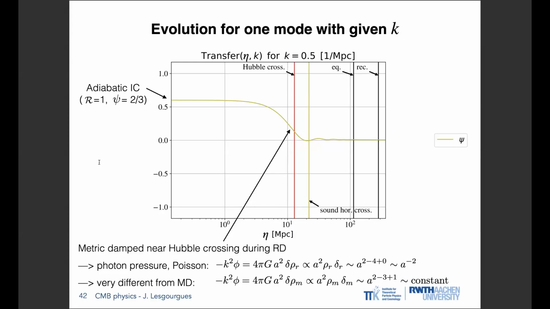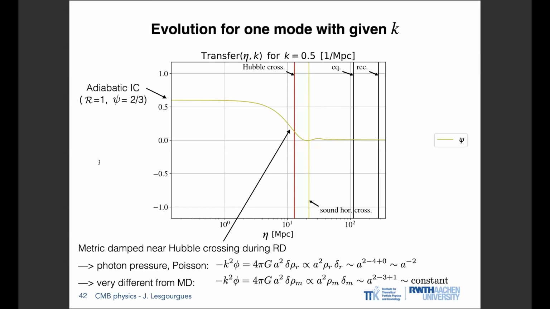And we explained yesterday that there is an argument coming from the fact that you have pressure or not at a given time in the universe, which says that when a mode crosses the Hubble radius during radiation domination, the metric fluctuation should decay.